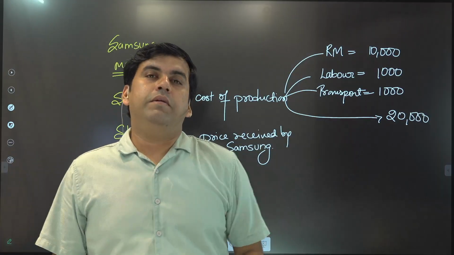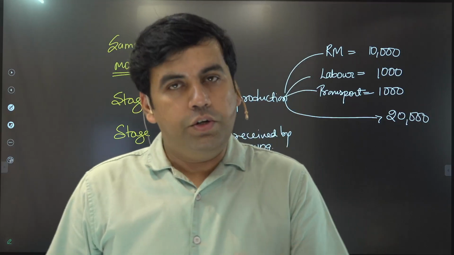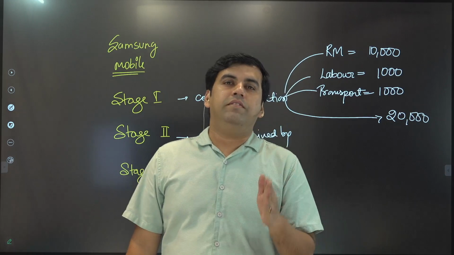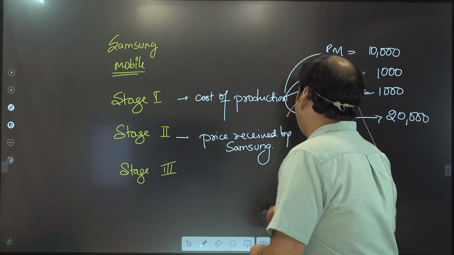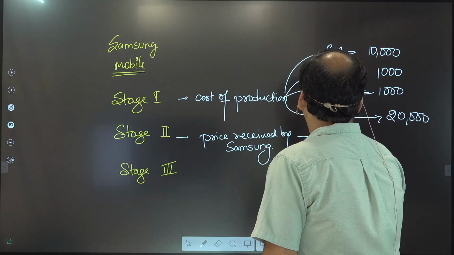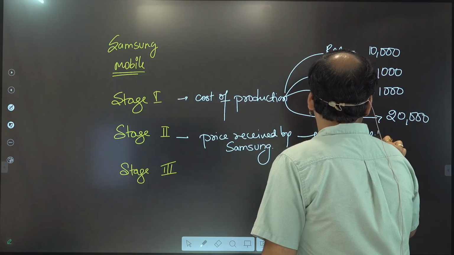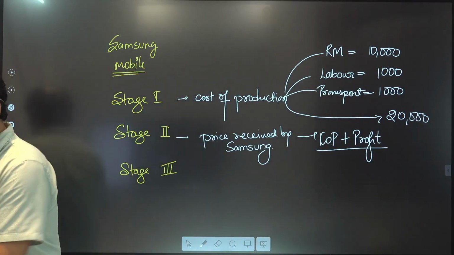Why is this company running? For your benefit? No. For my benefit? No. This company is running its business for a very simple reason, that it requires some profit. So the price will have profit as well.